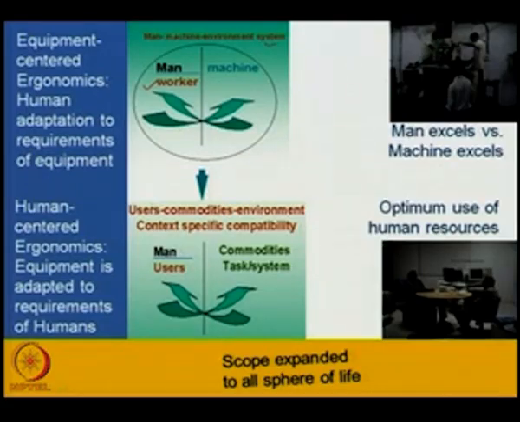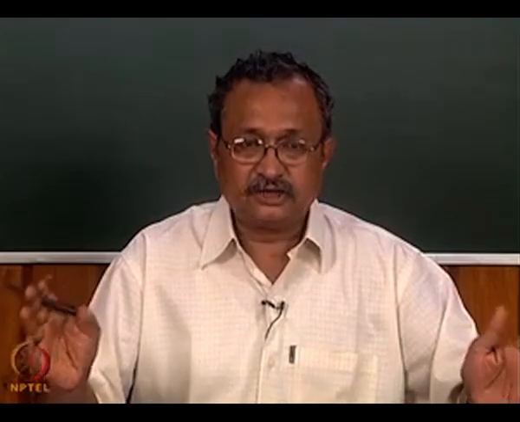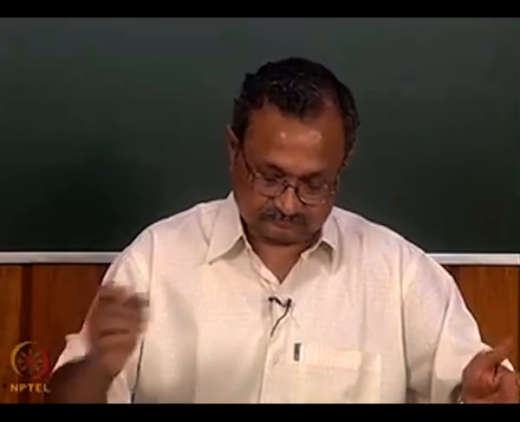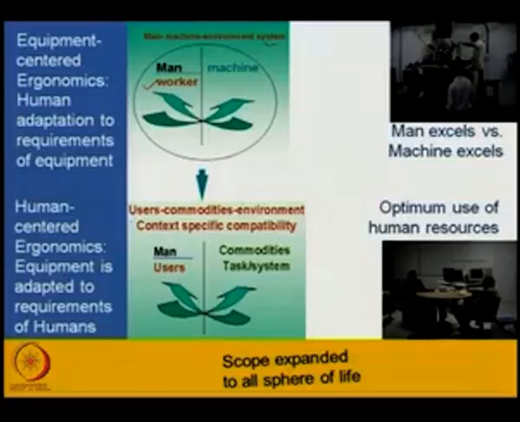instead of machine, it has commodities, because not only machines, in many items that man uses, we can say users, commodities, environment, and that is context specific compatibility, that is what ergonomics is now looking for. Here man was worker, here man is replaced as users, and instead of machine, now it is seen as commodities, tasks and systems.